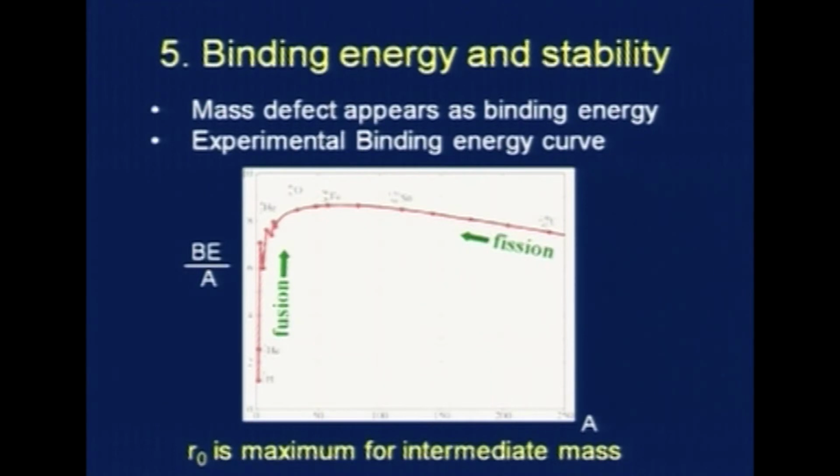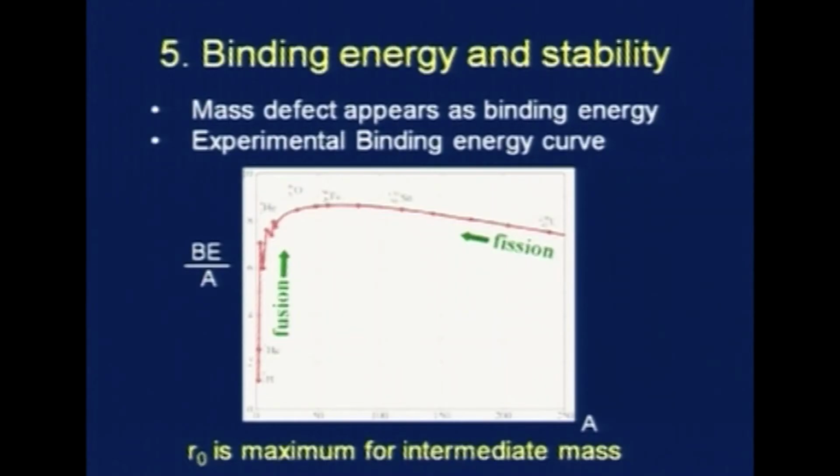Now, binding energy and stability. Naturally, when the binding energy is large, stability is large. You can't easily break that nucleus. So, they determined experimentally the binding energy of different nuclei, starting with hydrogen and then helium, beryllium, carbon, up to uranium.